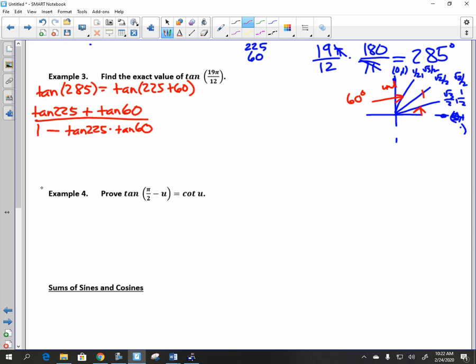So I know the terminal point for 60, don't I? We already calculated that. The terminal point for 60 was 1/2, root of 3 over 2. And so we said if you take root of 3 over 2 and divide it by 1/2, you in fact get the root of 3. So we know that the tangent of 60 is the root of 3. How about tangent 225? What's the terminal point for 225?